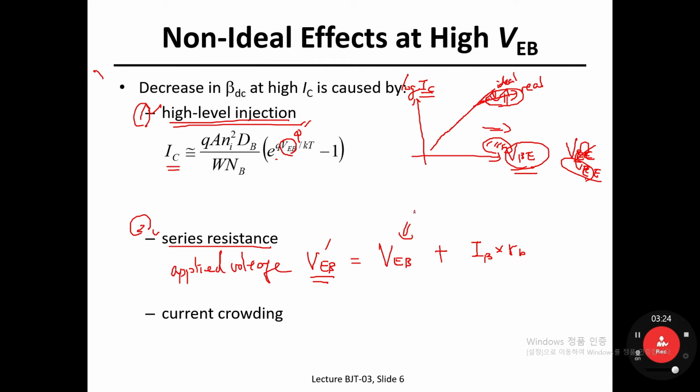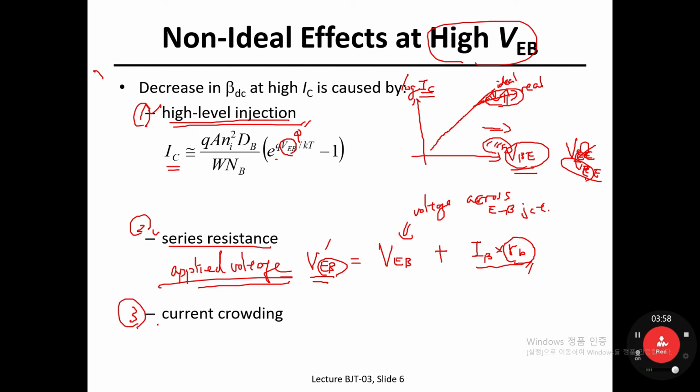So V sub EB is the voltage across the emitter base junction, and this component ideally should be ignored. However, this R sub B, the series resistance in the base, comes into play when determining the applied voltage across emitter and base. So series resistance should be taken into account under high V sub EB.